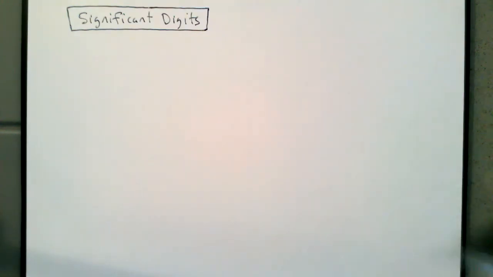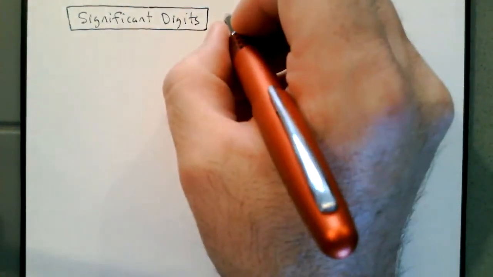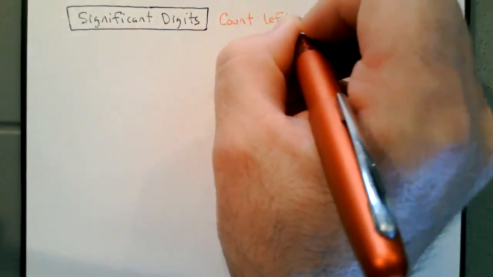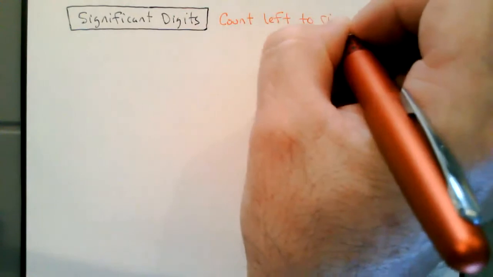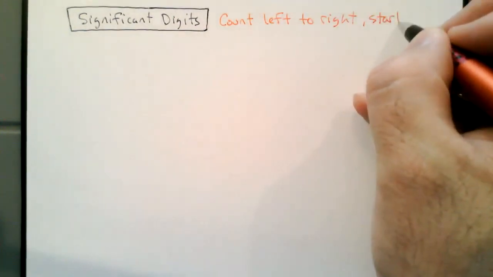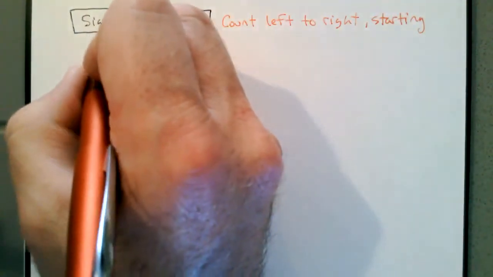So count left to right, starting with the first non-zero digit.